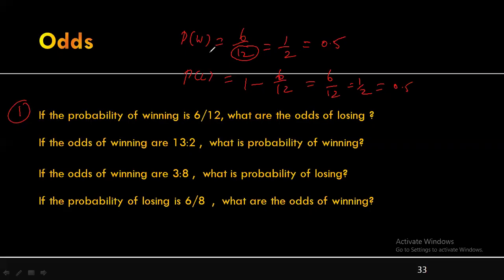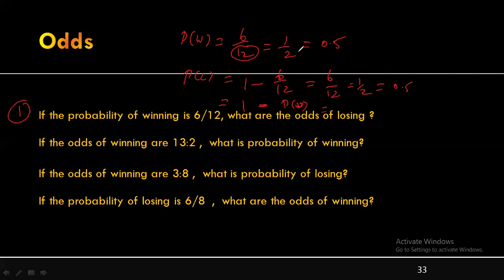Okay. Priya has a question: why do we need to subtract 6 over 12 from 1? So what is 6 over 12 here? The probability of winning, right? If you subtract the probability of winning from 1, you get the probability of losing.